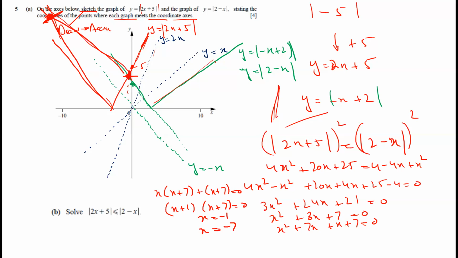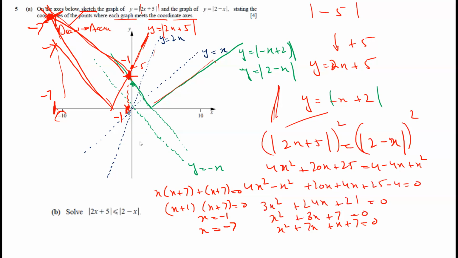I know that we are going beyond minus 10, but again, we can't draw it perfectly. So these are the 2 points. Let's suppose this is minus 7 and this point is minus 1. So these are your intercepts.